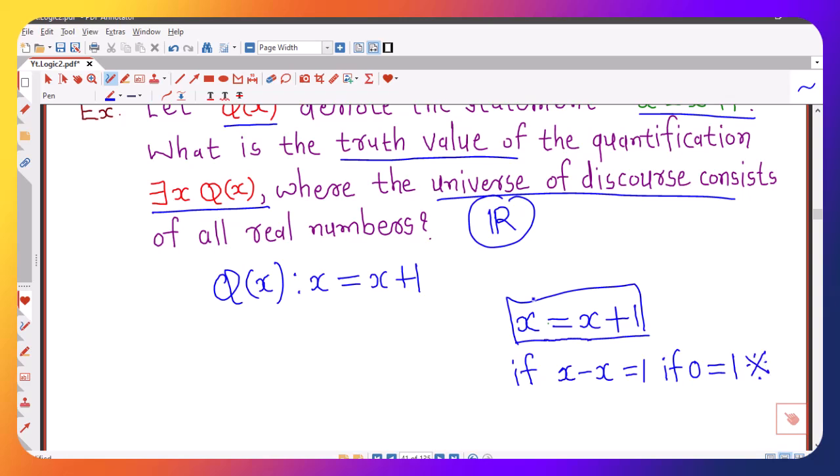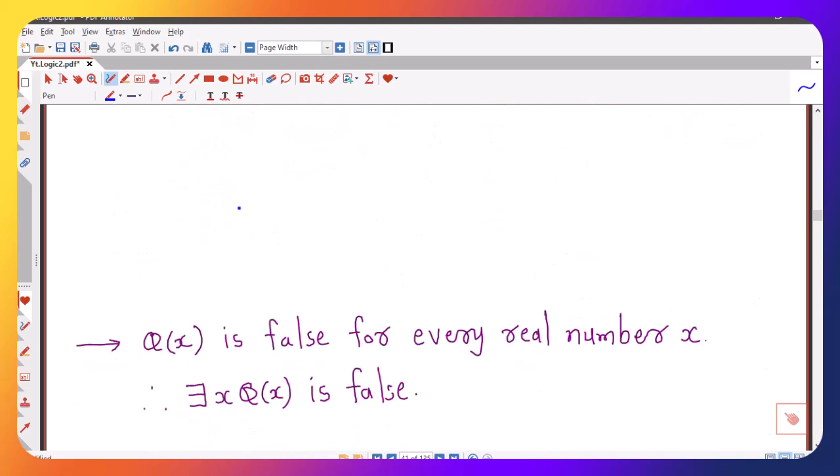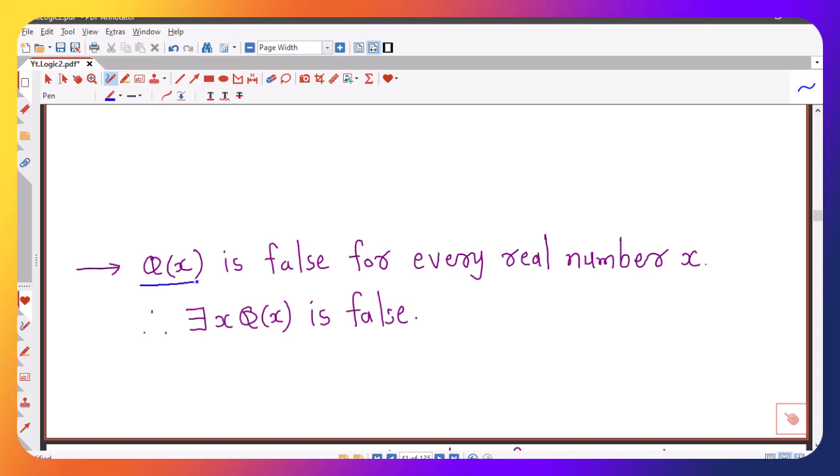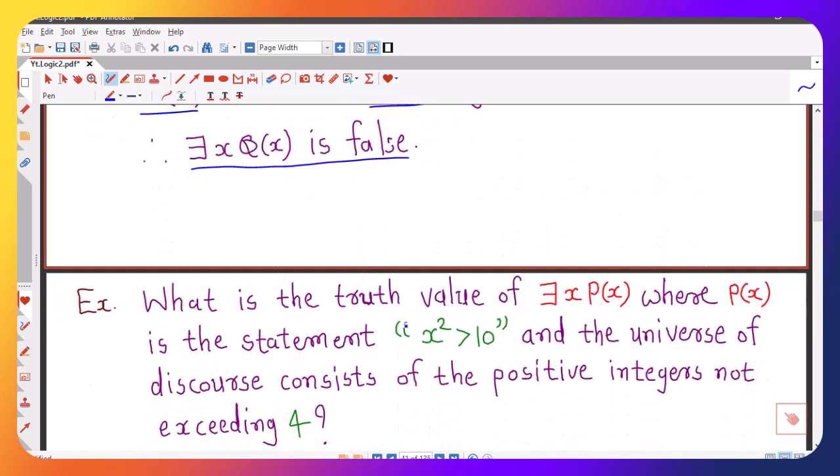Therefore, there is no real number x for which x equal to x plus 1. Therefore, this quantification is false because there is no x in the universe of discourse such that q(x) is true. So I have written here, q(x) is false for every real number x, therefore there exists x q(x) is false.